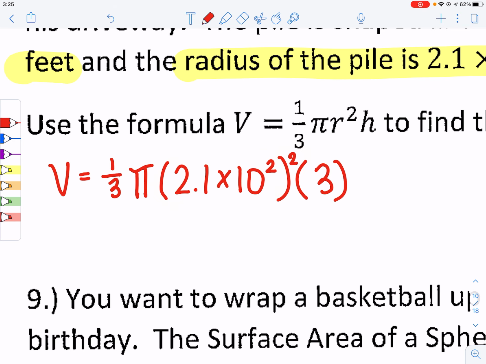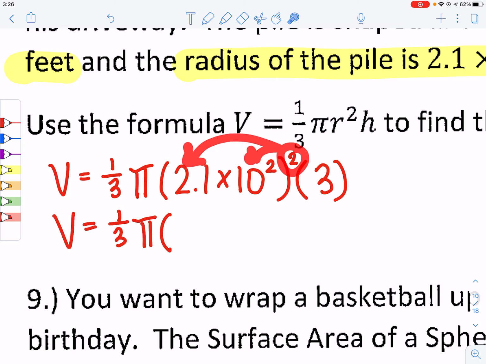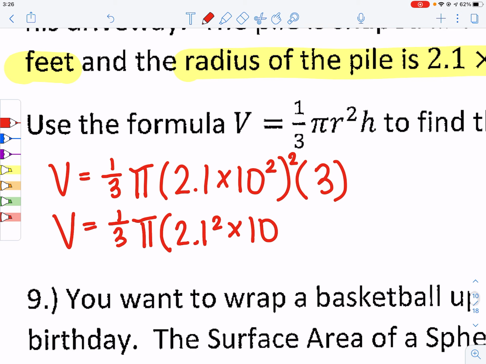So first thing I want to do is fix up this scientific notation. So I have 1/3 pi. Remember when there's an exponent out here, you bring it to each of the factors. So we have 2.1 squared times 10 squared squared, but you do 2 times 2 to make that 10 to the fourth. Then you do that times 3. I know that taking 1/3 times 3 is just going to give me 1. So those cancel out.